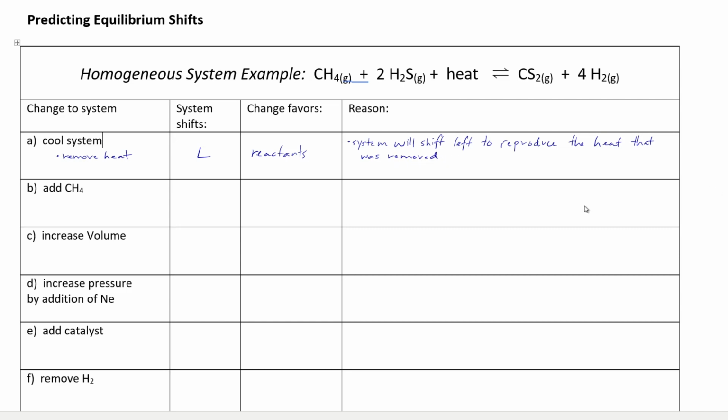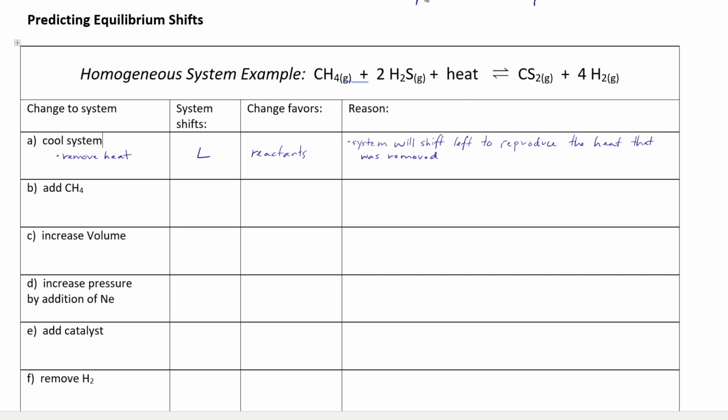Now, you may be asking yourself a question: how does the system know to shift left or right? Well, it doesn't. It doesn't have sentience, or the ability to acknowledge that heat has been removed. However, remember that you have a forward reaction and a reverse reaction.